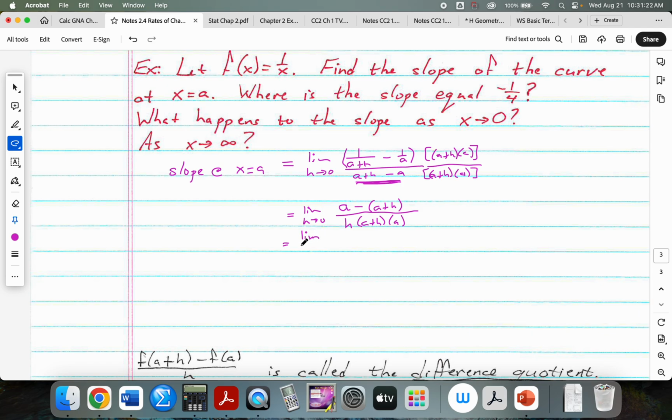So that'll be the limit as h goes to 0 of, in the numerator I get negative h over h times a plus h times a.